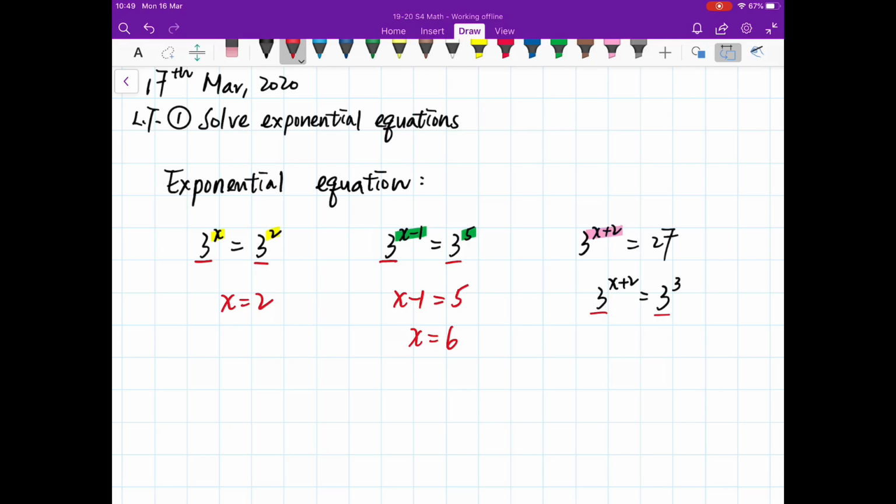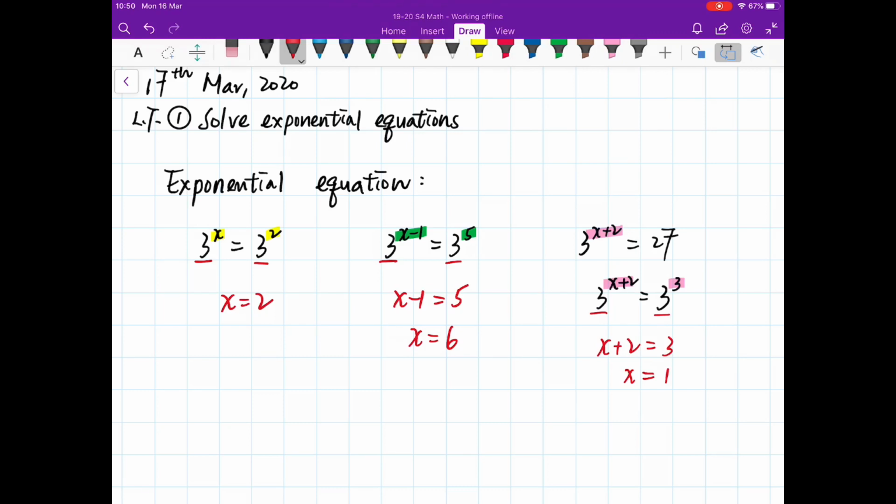Afterwards, we can compare the power x plus 2 and 3, and finally we can get that x plus 2 equals to 3 and x is equals to 1.